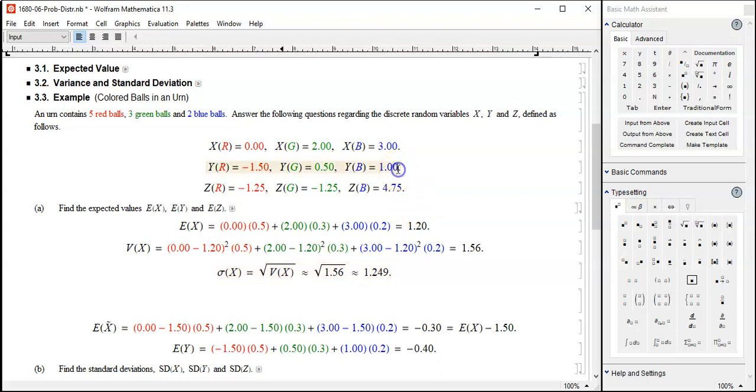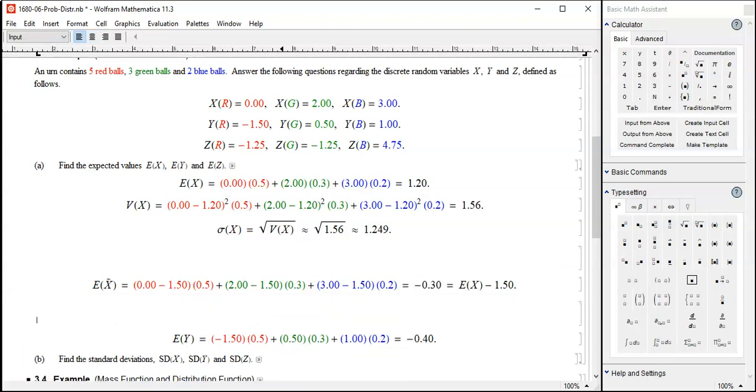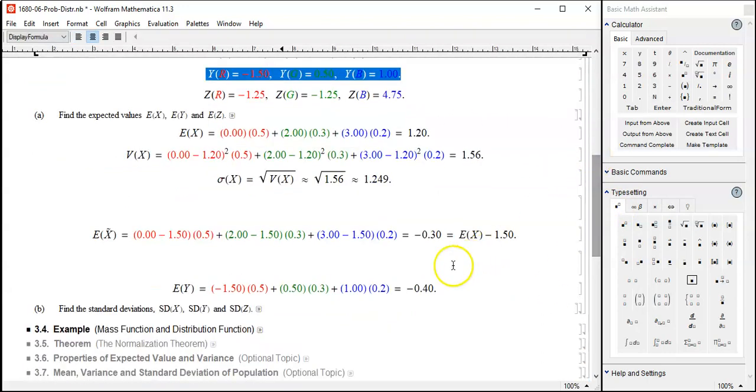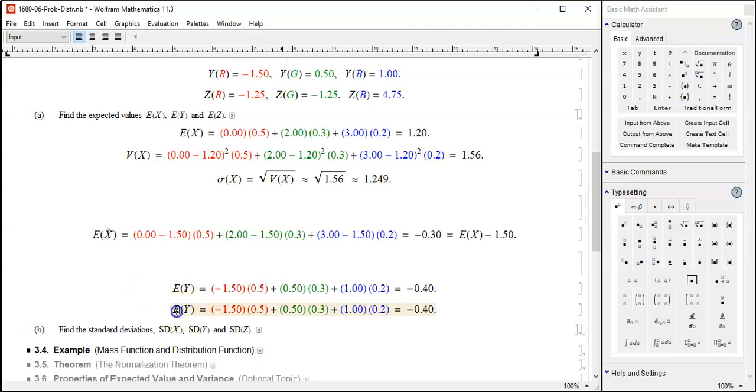How about the second game? Okay, this is the expected value computation. And let's do the variance computation. From here, I have to subtract away the expected value, right? And then I have to square that.